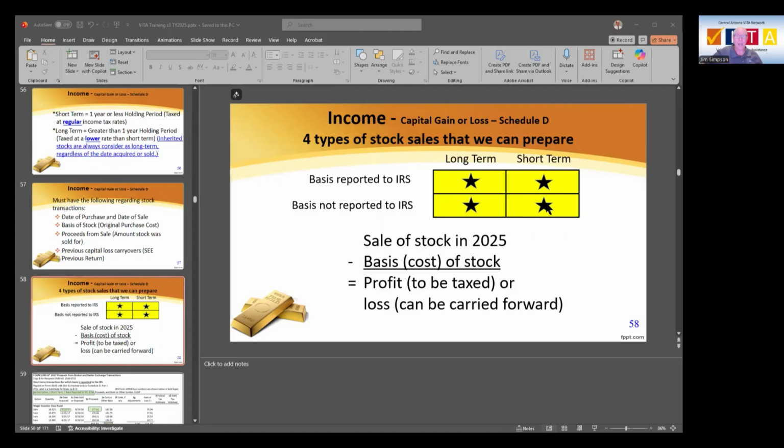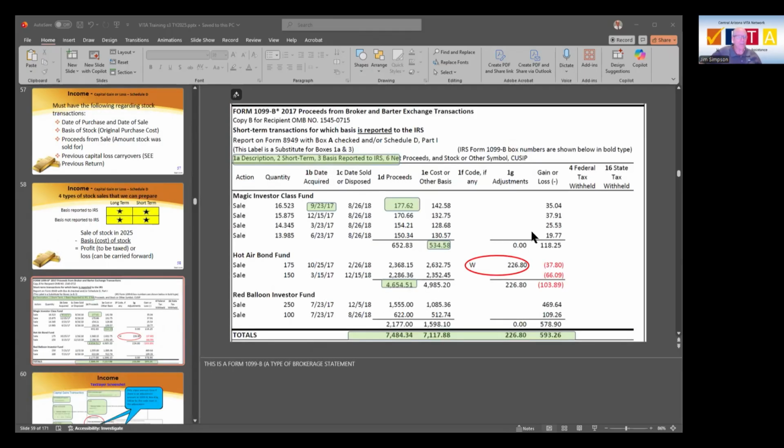When we print out the tax return, we're going to see these other forms that each form will relate to each bucket if they had multiple transactions and did all of this, okay? So here's a form. This is called a 1099-B, proceeds from broker and barter transactions. They'll come looking like different ways, but they all have, see, these are like those boxes I keep telling you about, 1B, 1C, 1E, 1F, right?